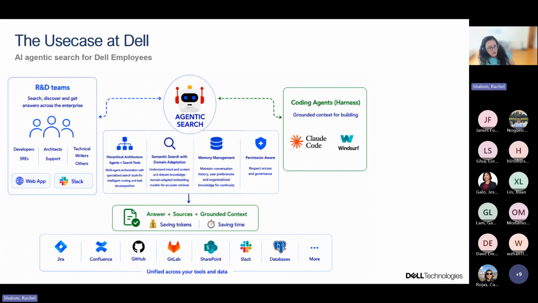So let's talk about the agentic search at Dell. We built a search engine that, in the past, was kind of a chatbot, aimed at R&D teams, architects, developers, technical writers, and product managers who needed to search information in Jira, Confluence, GitHub, GitLab, SharePoint, and databases.